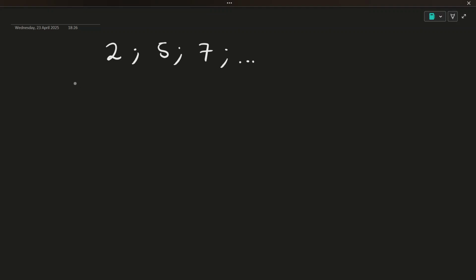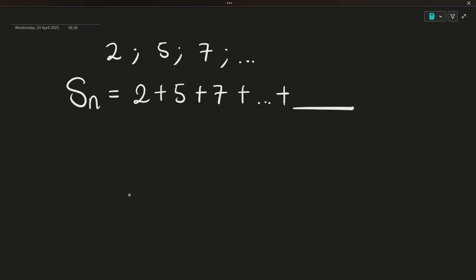So we know from previous videos that to sum a pattern, we say Sn is equal to 2 plus 5 plus 7 plus whatever, right? Now, I want to sum this whole thing up until a term.